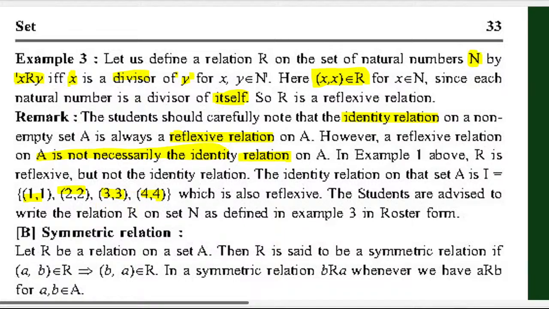So that is a reflexive relation. But in the identity relation, apart from the same element pairs, you cannot have the other elements. So the identity relation on the set A is this one, which is also reflexive.